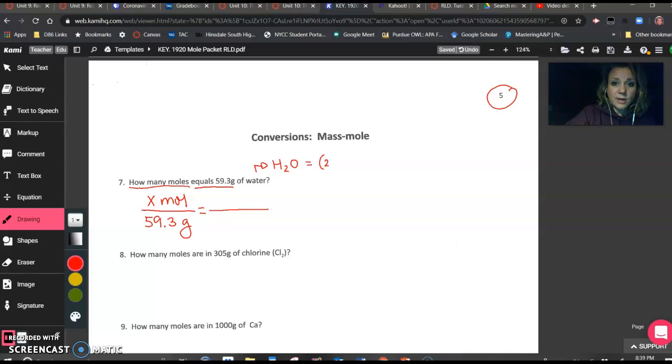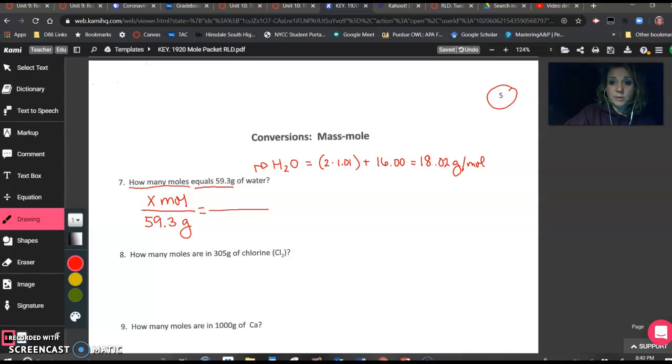So I have 2 hydrogens, so that's going to be 2 times 1.01, and I'm going to add that to the molar mass of oxygen, which is 16.00, and when I add all of that together, I get 18.02 grams per mole, which again basically means that 18.02 grams of water is equal to 1 mole of water.